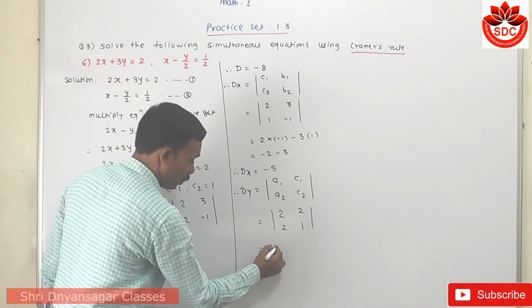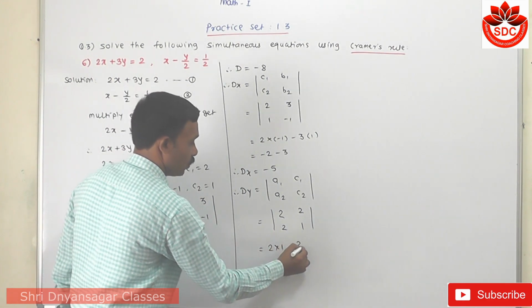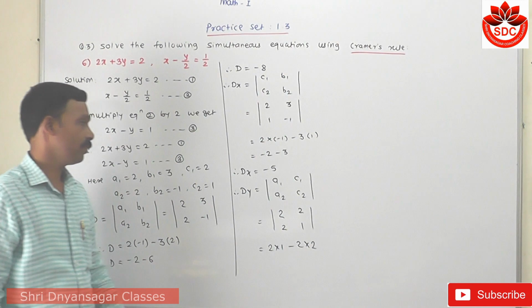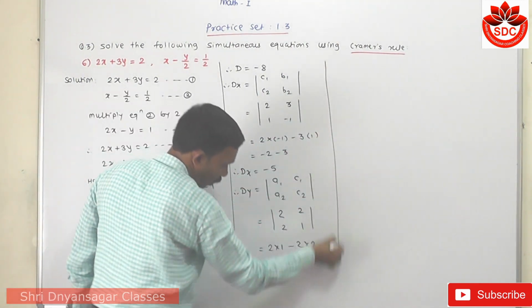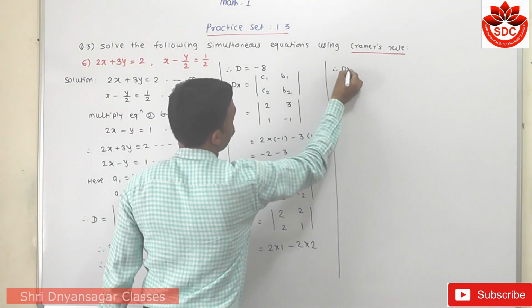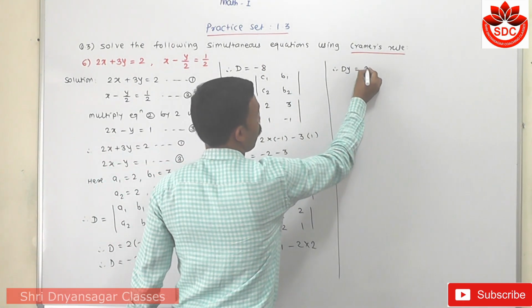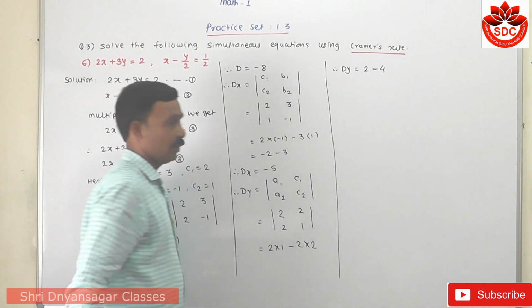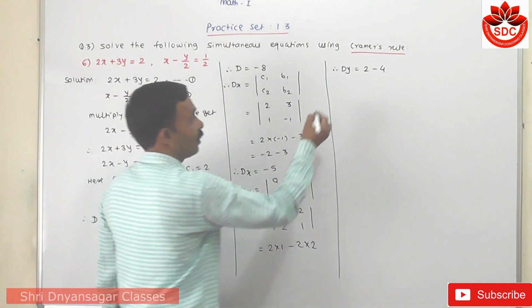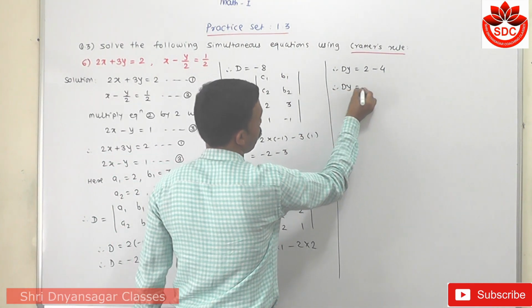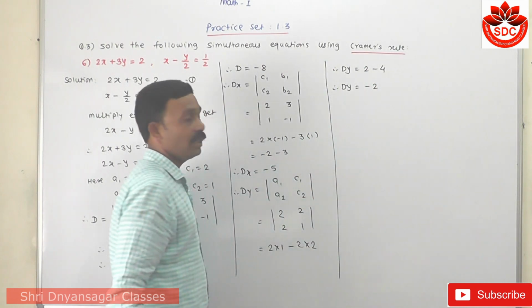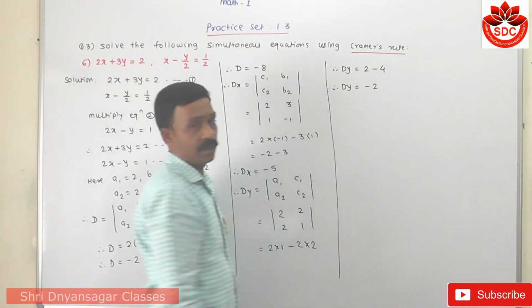Therefore 2 into 1 minus 2 into how much? 2. Then the value of dy is equals to 2 1s are 2 minus 2 2s are 4. We can subtract. Therefore dy is equals to minus 2, subtraction gives the sign of the bigger number.